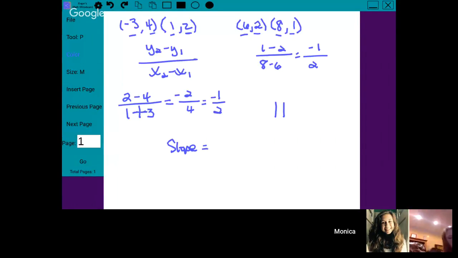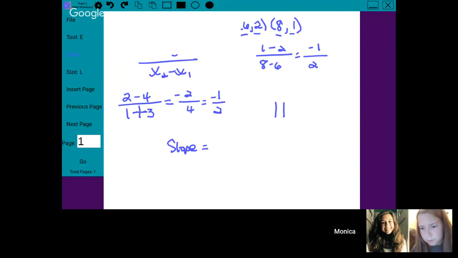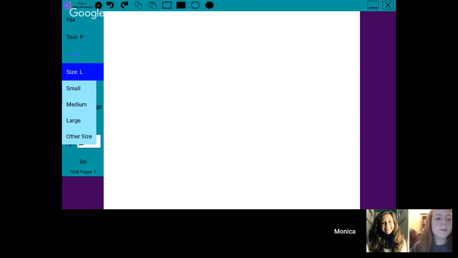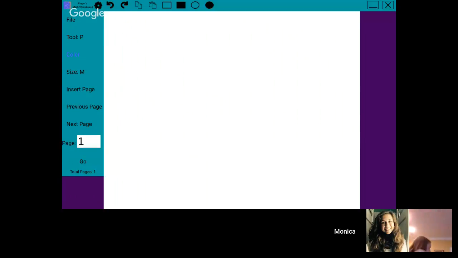Charlotte Ann, you asked, is the answer to number 16 line 2? So how do we know which line is steeper? What do we have to do for those points? Yep, we have to find the slope and we have to compare the slope. So what is the slope for line 1?